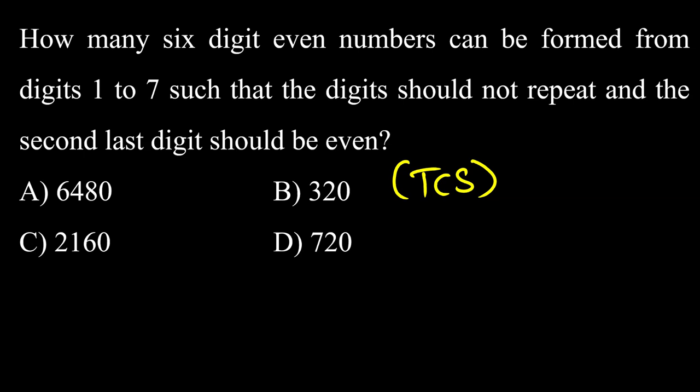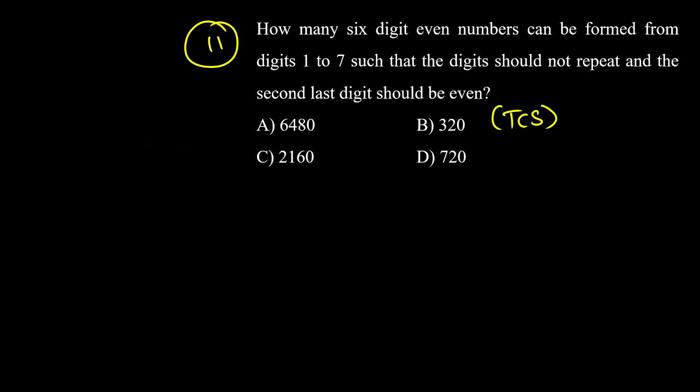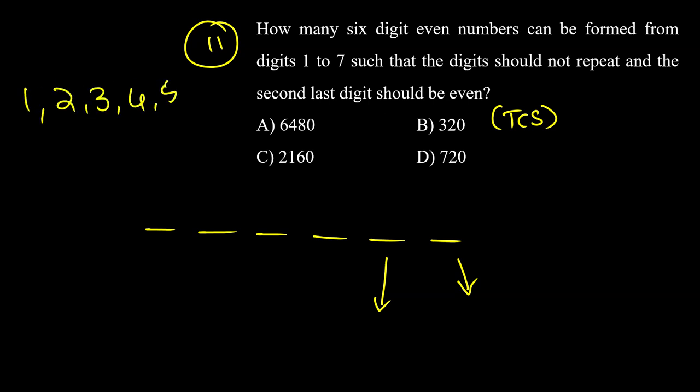So what's the answer? 720. Okay. So 6-digit number, so 6 slots. Even number, so this one should be even, and this one should be even. 1 to 7 means the numbers are 1, 2, 3, 4, 5, 6, 7.